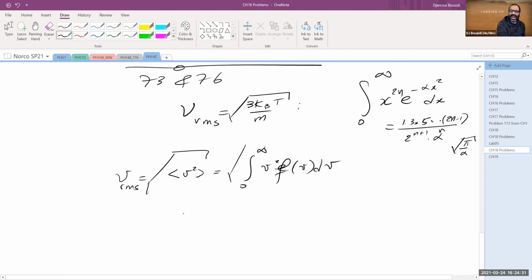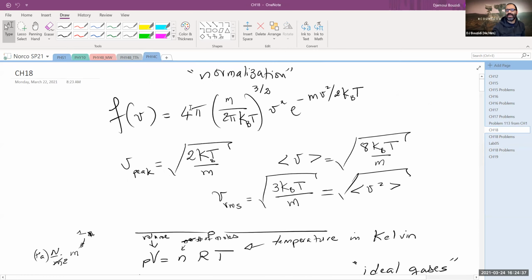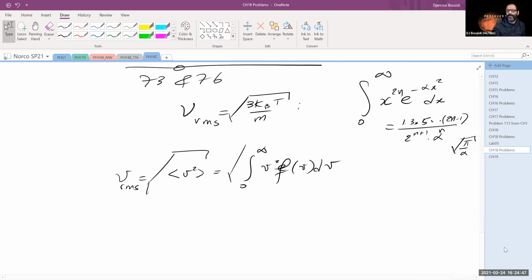So you bring in f of v that we defined from lecture, which is 4 pi times m divided by this stuff to the power 3/2 times v squared times the exponential. And you take the square root at the end.